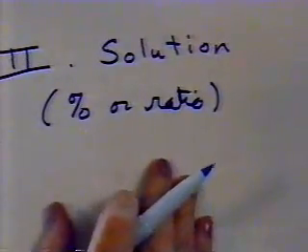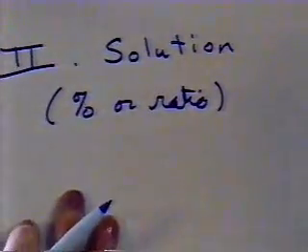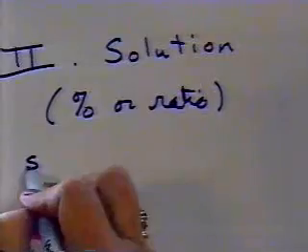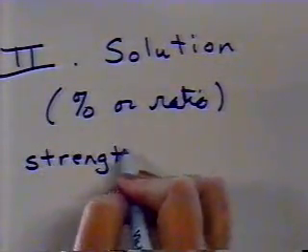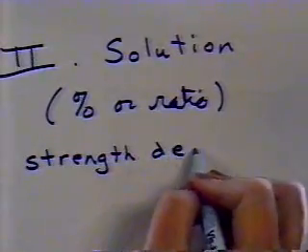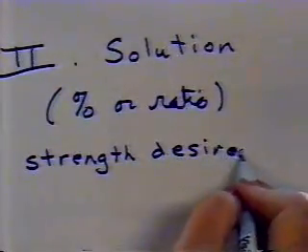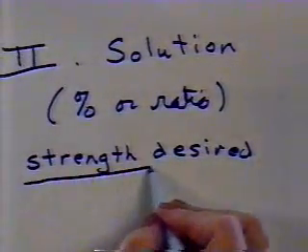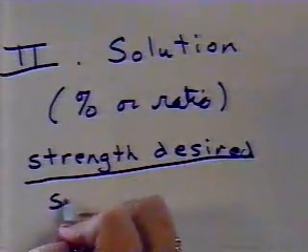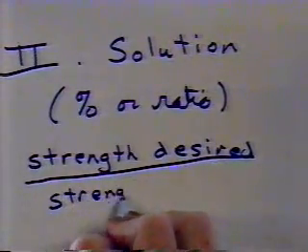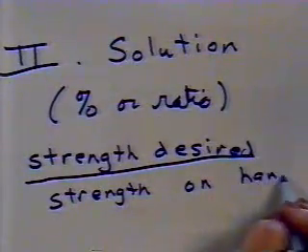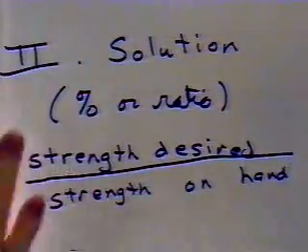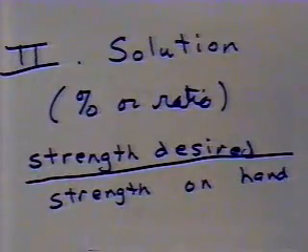These problems, we have to memorize a formula. And the formula says strength desired divided by strength on hand. The first part of the proportion is our two strengths.